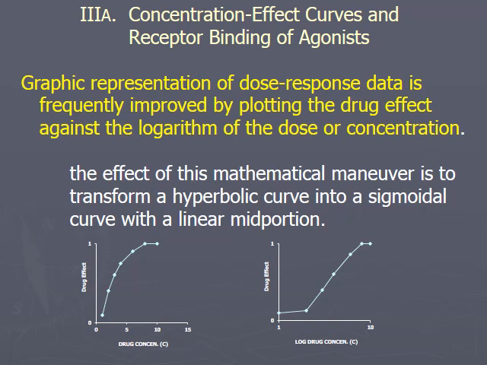On the bottom right curve, we have a log scale for the x-axis. The y-axis stays linear, but the x-axis goes to the log scale. This is called a mathematical transformation. It's the same data, we just transformed it so that the x-axis is log scale. The consequence of that is going from a hyperbola to an S-shaped curve with a linear region in the middle.